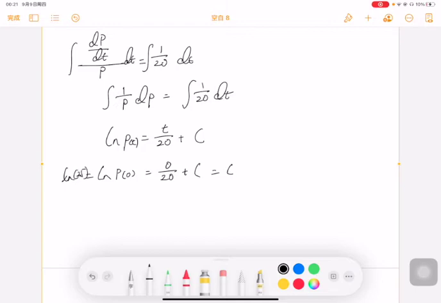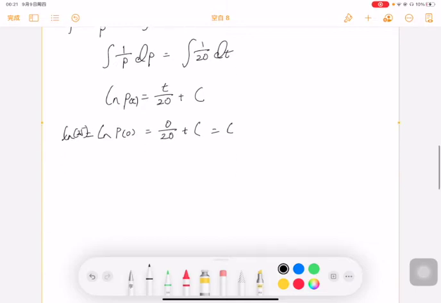So we found out what the C is. C is ln of 25. Okay, so we get ln of P equals t over 20 plus ln of 25.